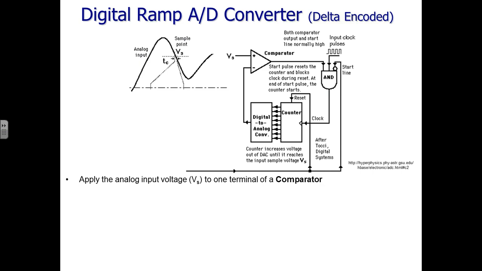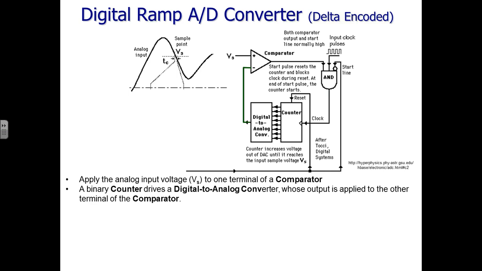What happens then is we apply our input voltage to one side of the comparator. The binary counter again drives the D to A converter, and the output of that goes to the other side of the comparator. To start a conversion, we reset the counter to 0. The digital to analog converter puts out essentially 0 volts, and that's compared with the input signal. If the input signal is bigger than 0 volts, the comparator stays tripped, telling the AND gate to tell the counter to count up another step.